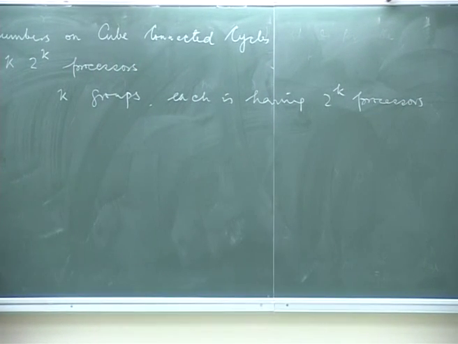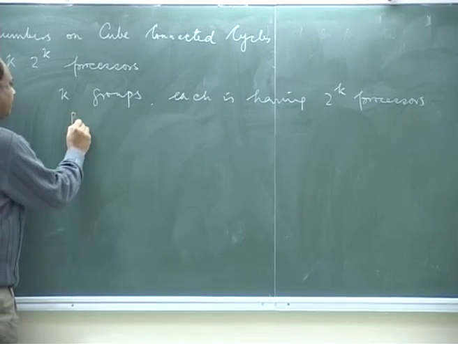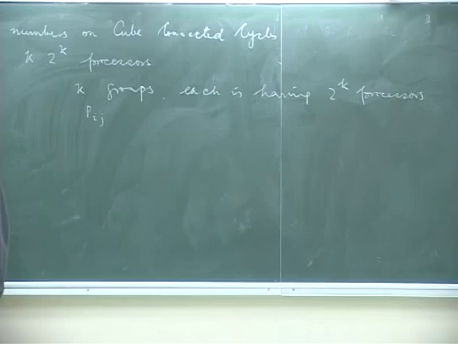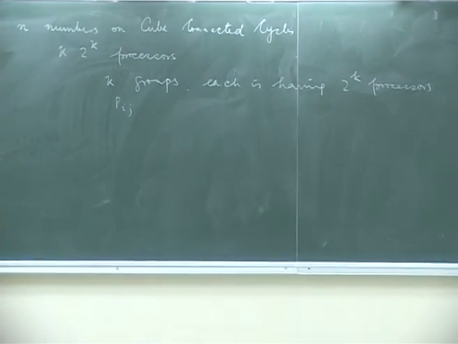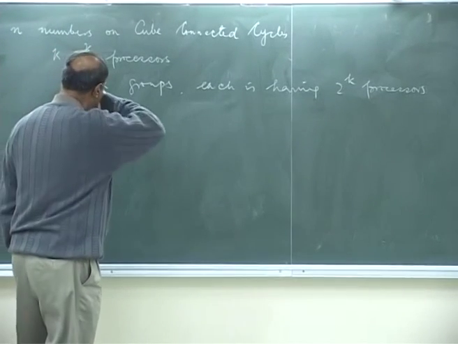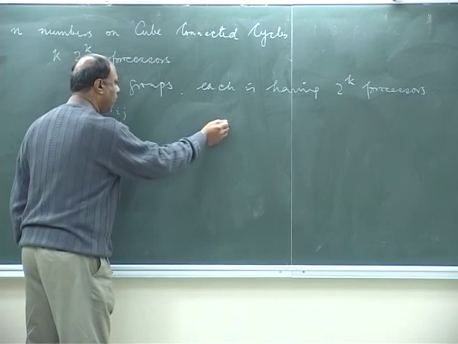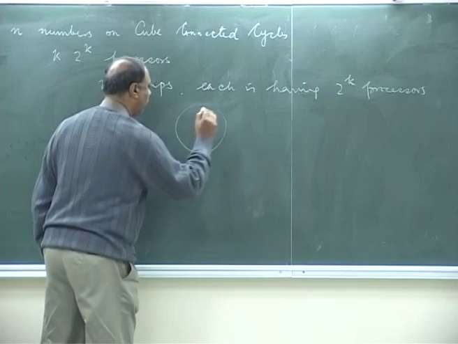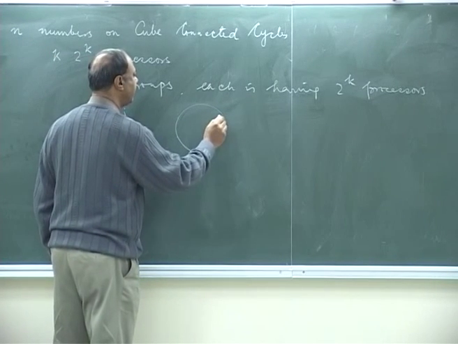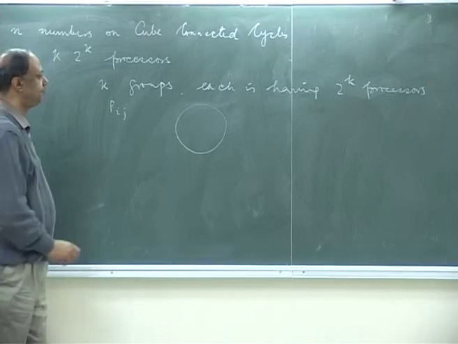Let us assume that Pij is the jth processor in the ith group, and all these processors of the different groups with the same j form a cycle.